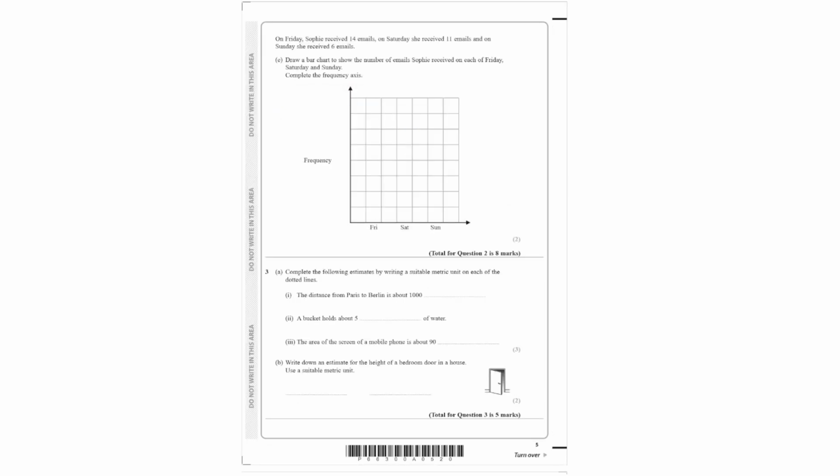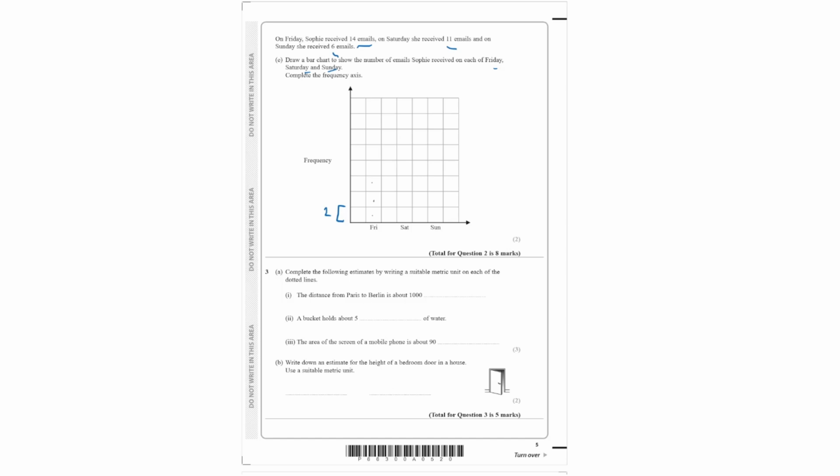On Friday, Sophie received 14 emails. On Saturday, she received 11, and on Sunday, she received 6. Draw a bar chart to show the number of emails Sophie received on each of Friday, Saturday, and Sunday. Complete the frequency axis. So if we count one unit as 2 emails, we can simply write that Friday, 14 divided by 2 is 7.